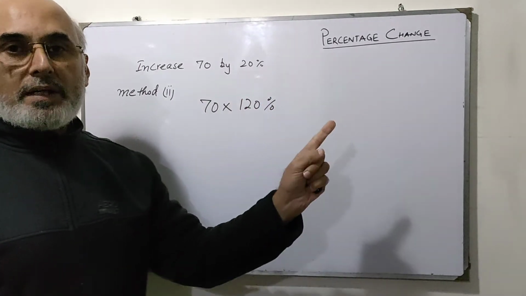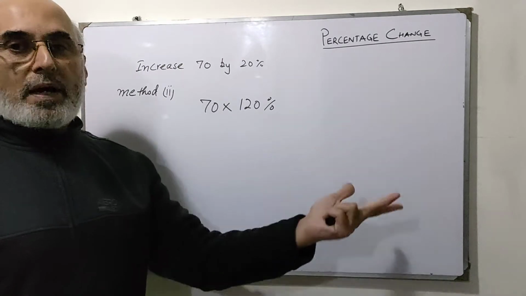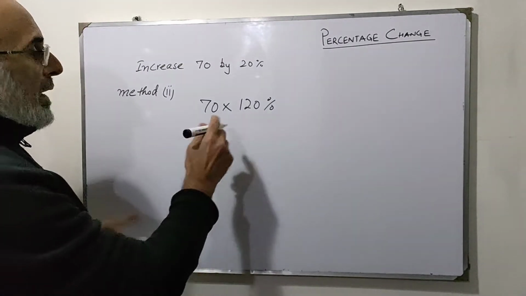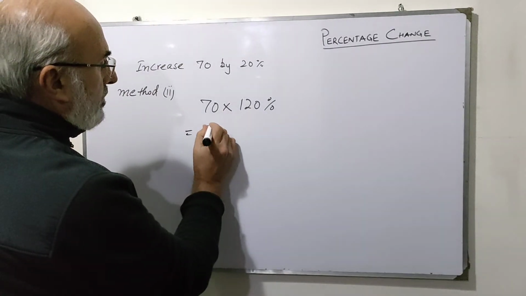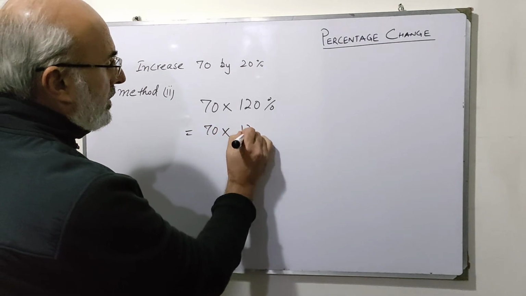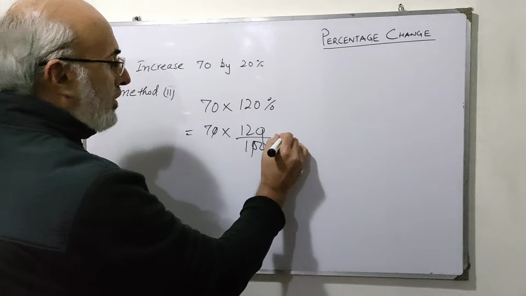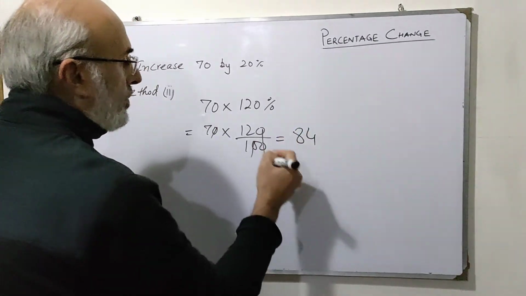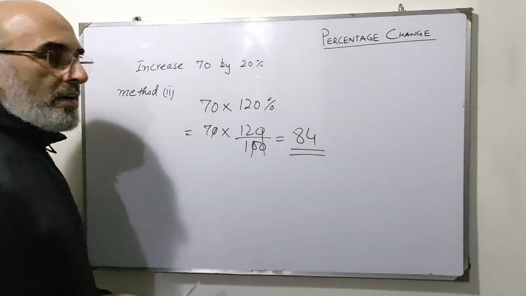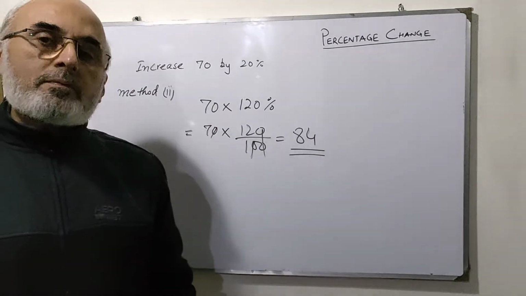100 plus 20 gives us the increased value. But to remove this percentage sign, divide by 100. Zero goes with zero, and we have 84. So the increased value of 70 by 20% is 84.